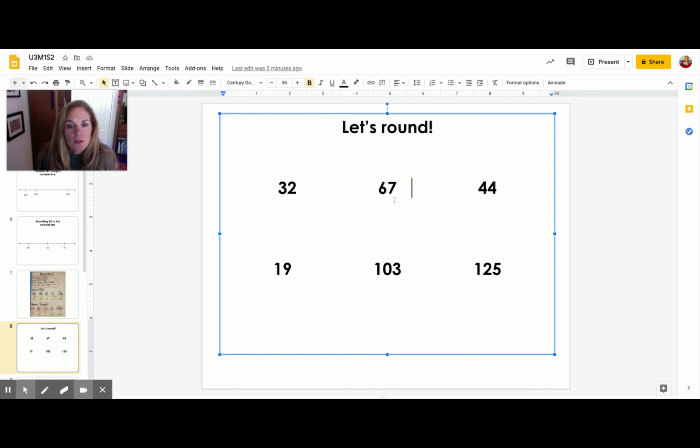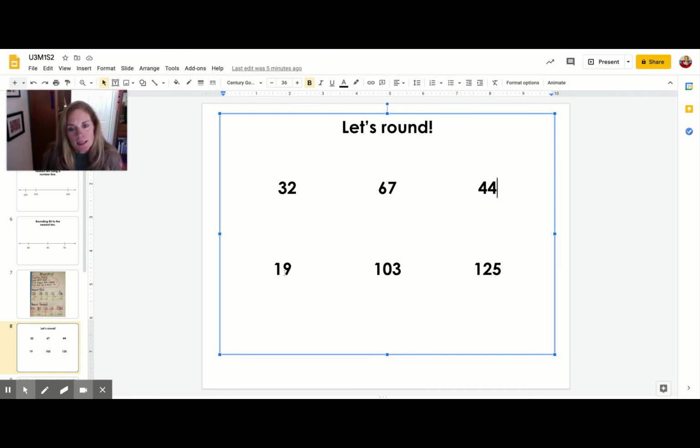When you round 67 to the nearest 10, your answer is going to be 60 or 70. In order to figure it out, you have to look at the ones place. 44, your answer is going to be either 40 or 50 because 44 is between 40 and 50.